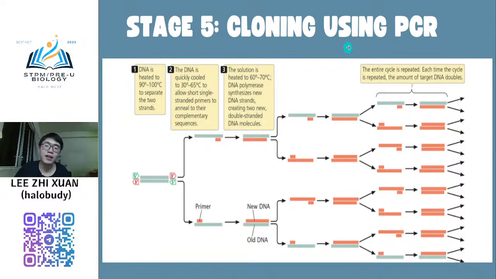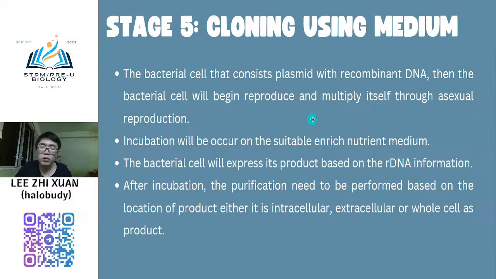So this is using PCR, but normally we do not recommend using the PCR method, because although PCR is widely used, normally its main purpose is amplification of the gene, not cloning the gene. But nowadays there is technology that can already use PCR to clone it. So in examinations, you had better use the conventional method, the culture media.